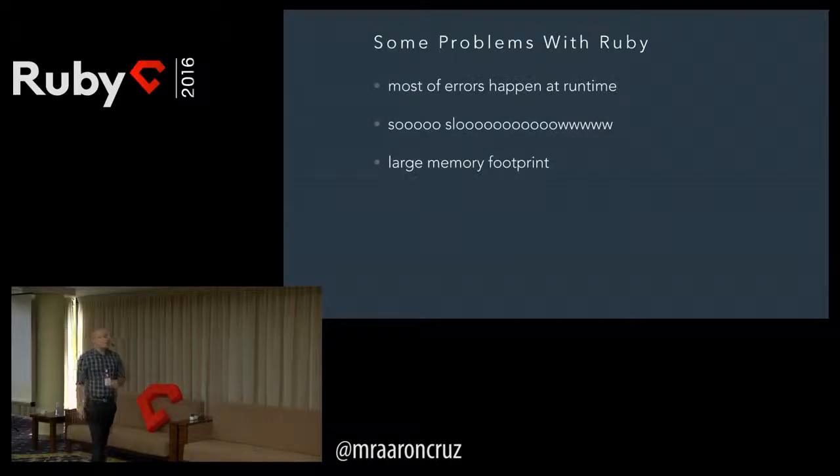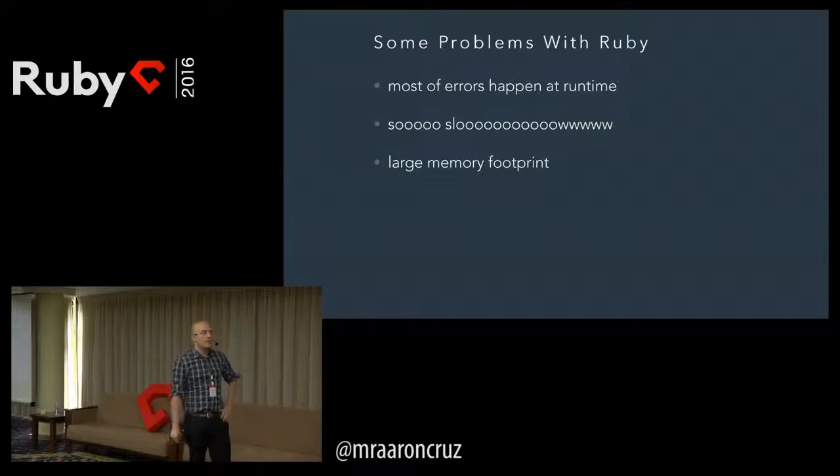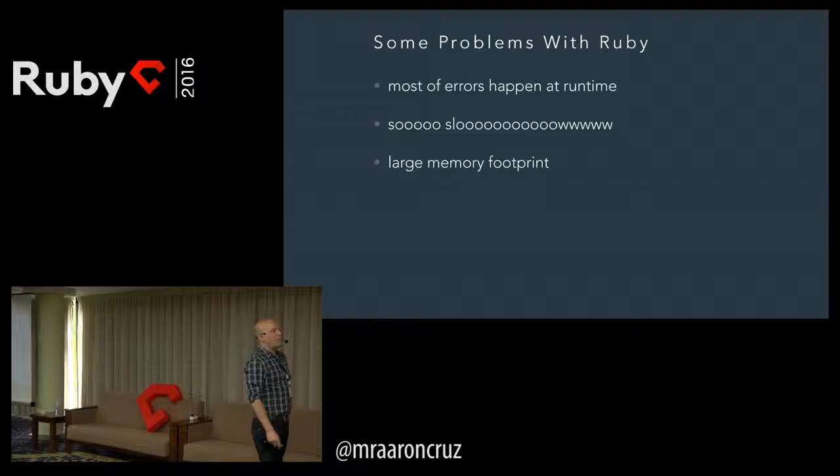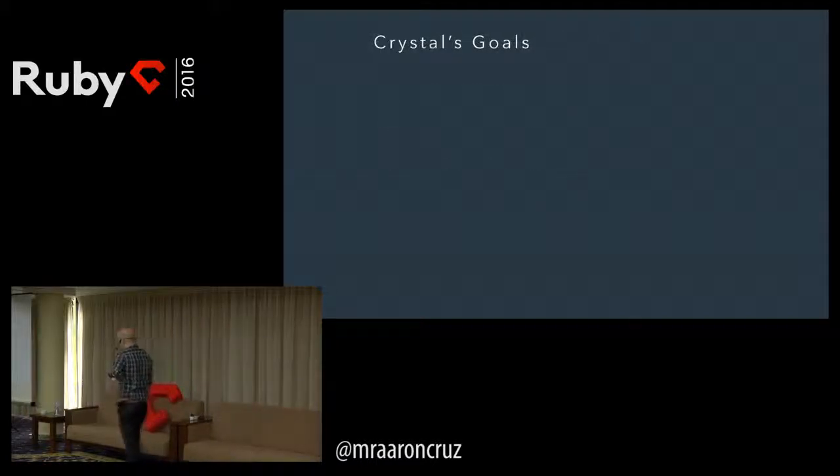Another problem is memory footprint. I'm quite surprised sometimes by the amount of memory that my Ruby processes take. And if I'm using something like Unicorn, then it's twice as much, or 3 times, or 4 times as much, and it starts to add up really fast. Some of Crystal's goals are to stay very Ruby-like.